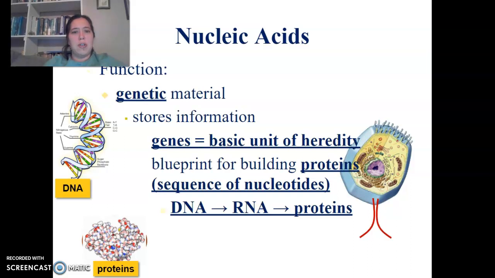These proteins are a sequence of nucleotides, and we'll get into this more when we talk about transcription and translation. But basically, the cell has this blueprint, DNA. From that DNA, they make RNA, and that RNA is going to code for specific proteins that control everything about you.